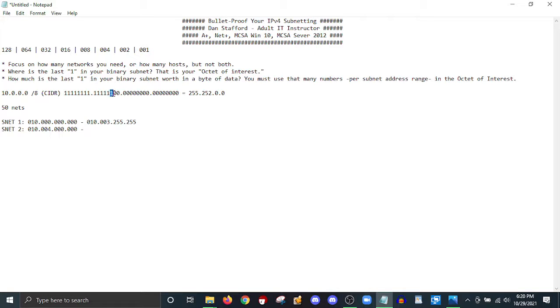Okay, so now what do I got? My last one is in the second octet. It's worth 4. I get 4 numbers in the second octet. And that's going to give me 4, 5, 6, 7.